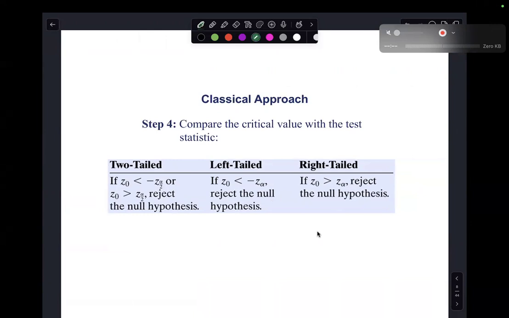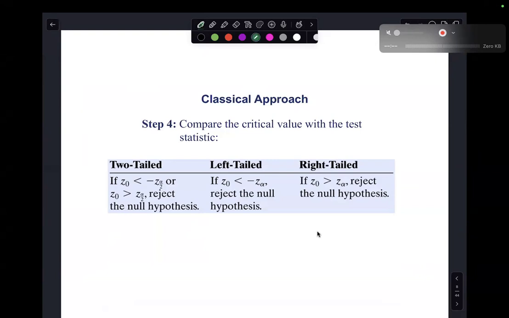Okay. So the two-tailed test, if my test statistic is outside, either more negative or more positive, outside of those two values, more extreme, I like to use the word more extreme, then we're going to reject the null. If it's a left-tailed, we only look at it as if it's more negative than the z-score. And a right-tailed, we only look at it if it's greater, if it's more positive, if it's beyond that.